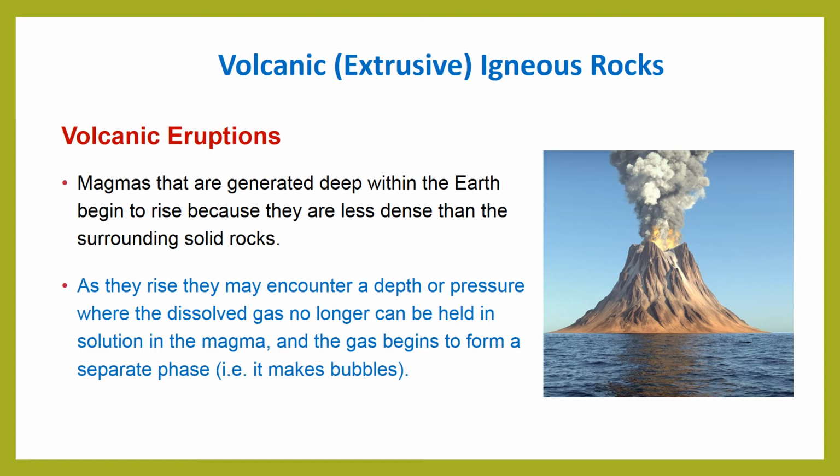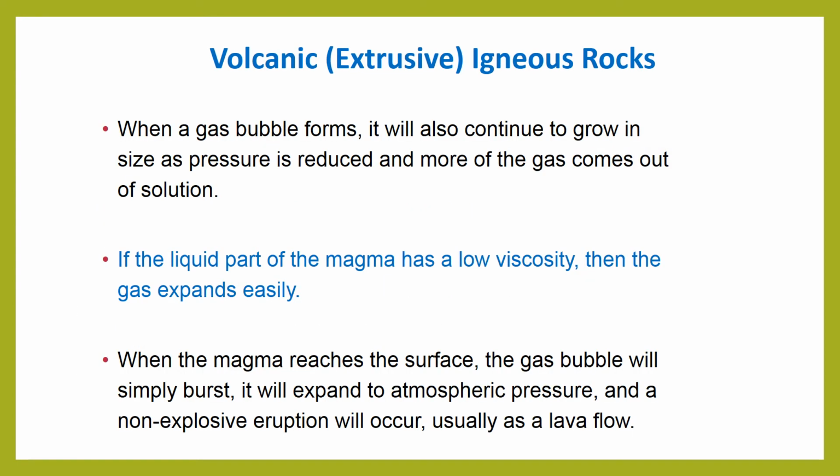But when it rises up, it encounters depth or pressure where dissolved gas can no longer be held in solution. So the gas escapes and begins to form a separate phase, and it makes bubbles. These bubbles continue to grow in size because the pressure is getting reduced and more gas comes out of solution.